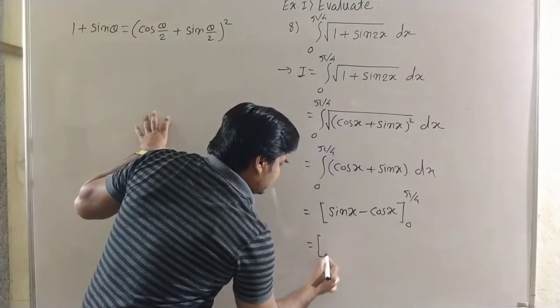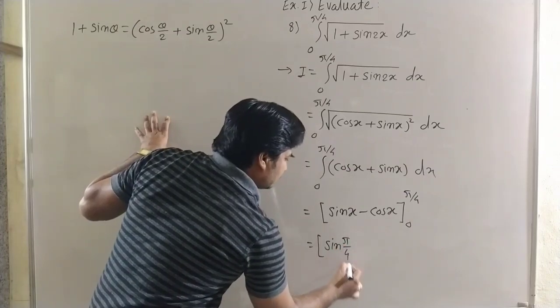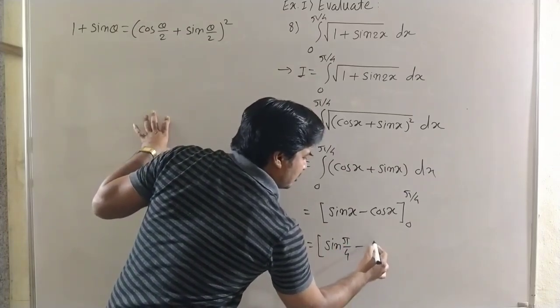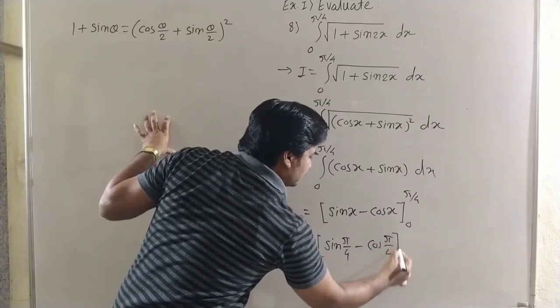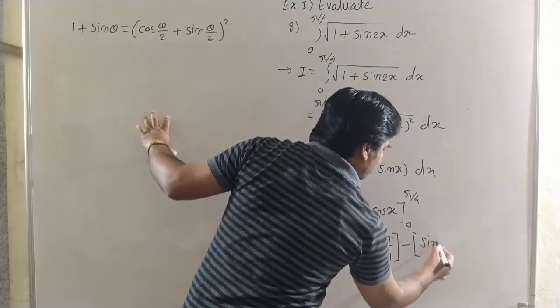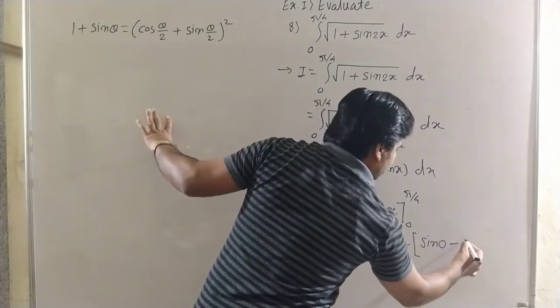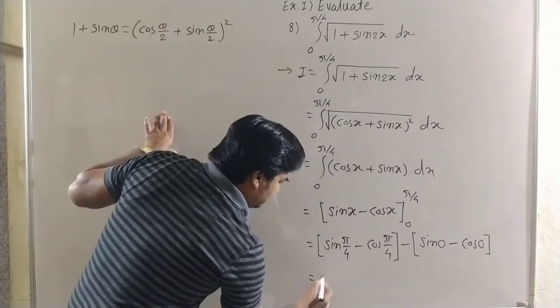Then sin pi by 4 minus cos pi by 4, minus sin 0 minus cos 0.